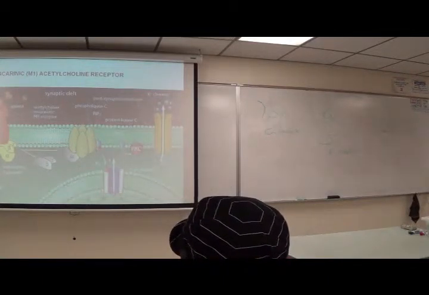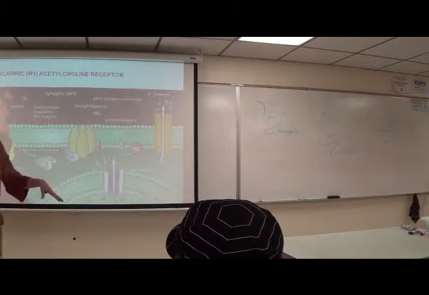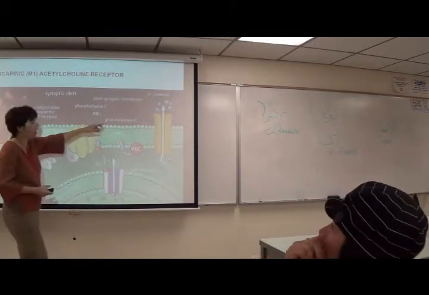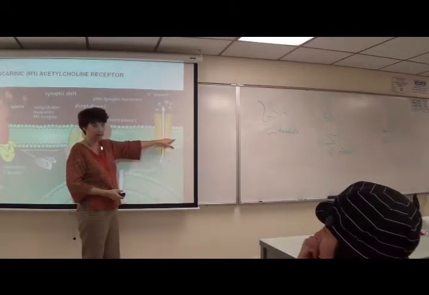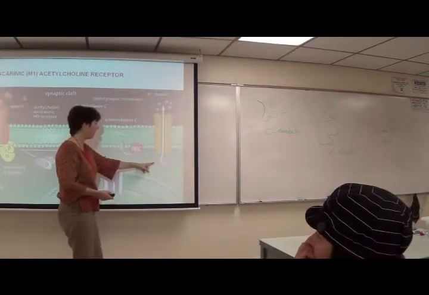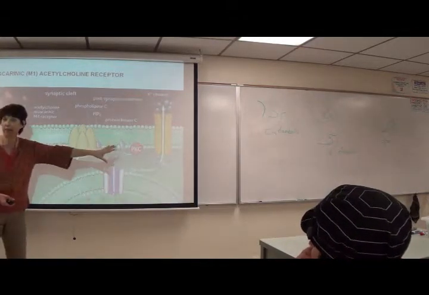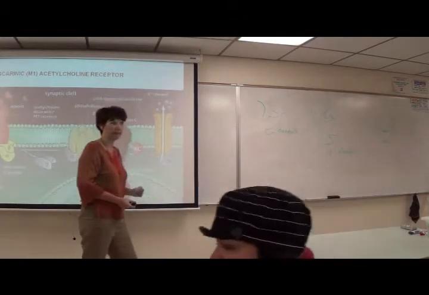Okay? So again, the general concept is that one neurotransmitter can be excitatory and inhibitory depending on what kind of channel in that particular cell it opens. And that depends on the ions that are in the cell. That depends on the pathway that that particular cell has.